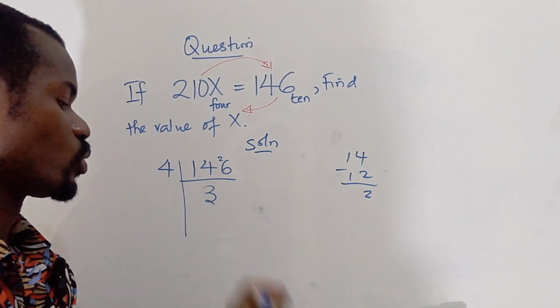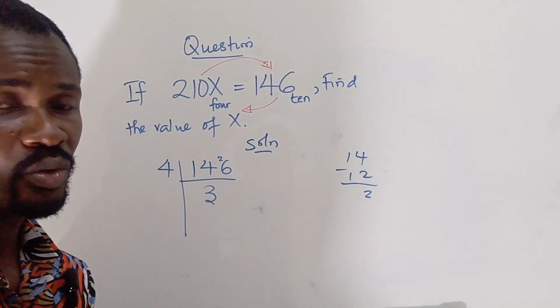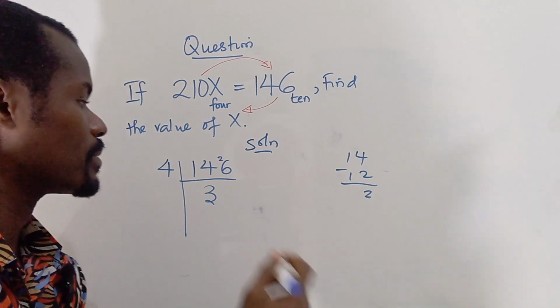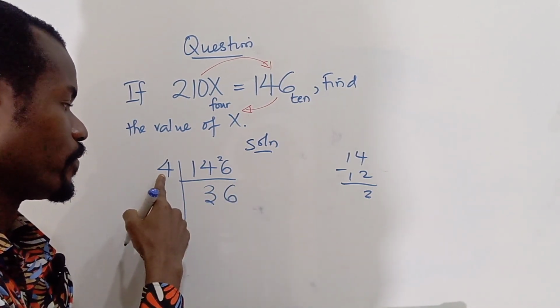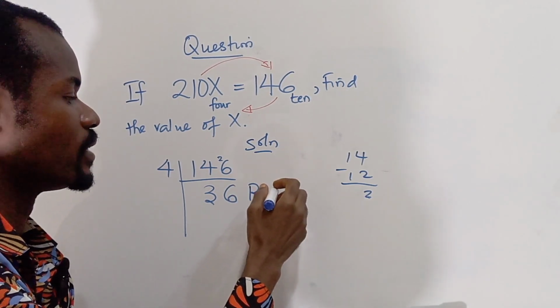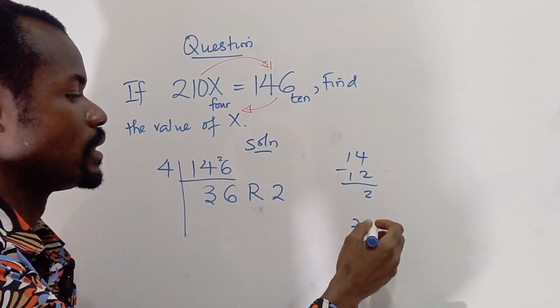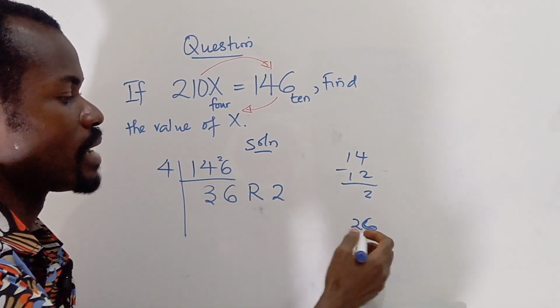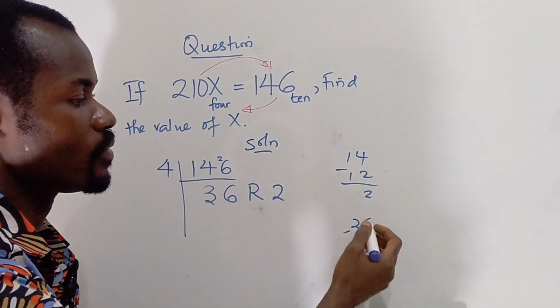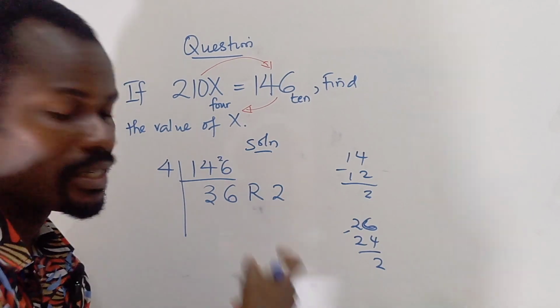Okay, so 4 into 26 is going to give us how many times? We have 6 times, because 4 times 6 is 24. So what remains? We have 2, because 26 minus 24 is 2, and that's the remainder.